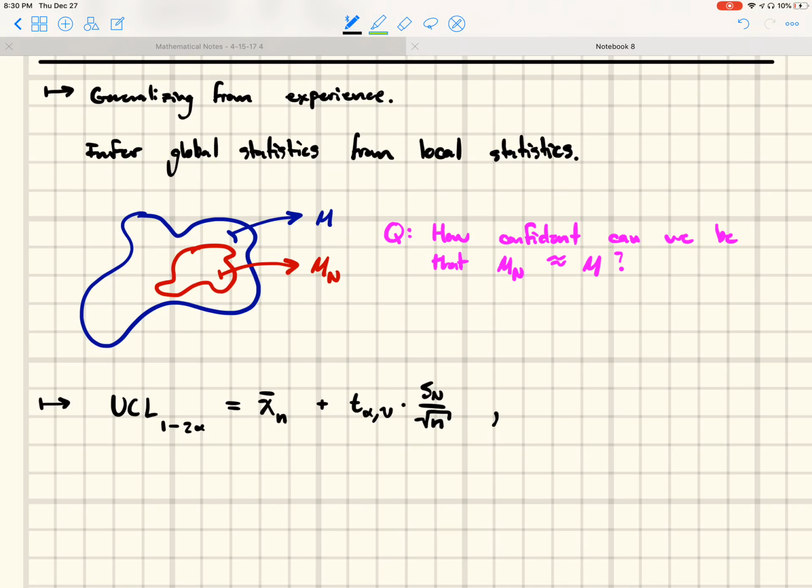And I'll just write out some definitions real quick, just for completion. X bar sub n is the sample mean. So suppose we have n samples. This is simply the average of those samples.